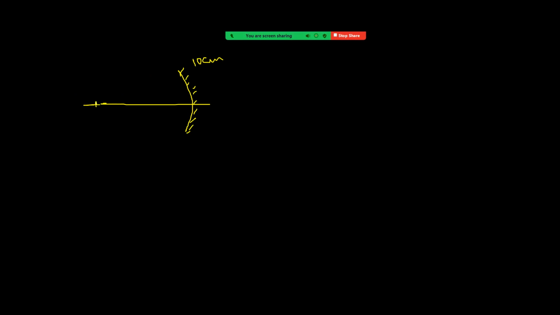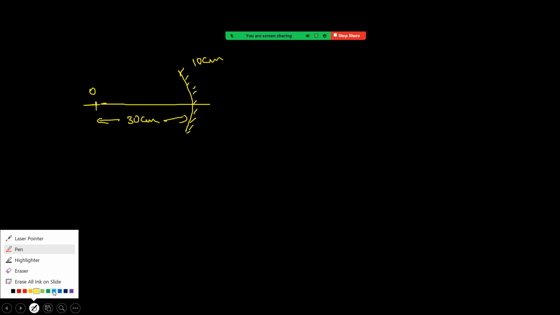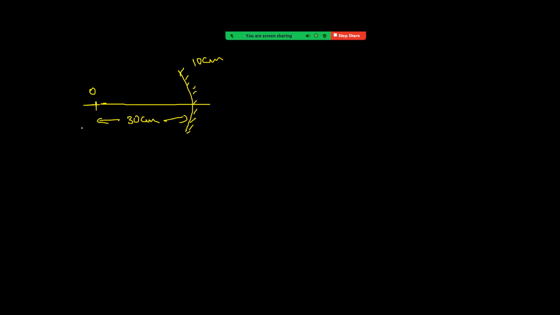At one instant, the object is at a distance of 30 centimeter. Its velocity is given, that is 15 centimeter per second towards the mirror. Let us assume the velocity of the mirror is Vm.